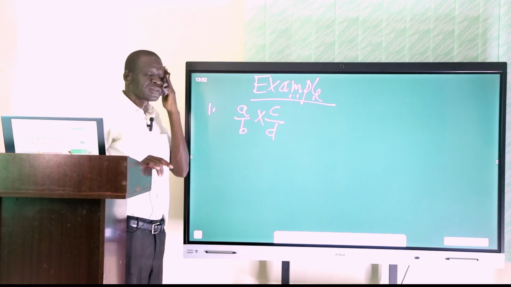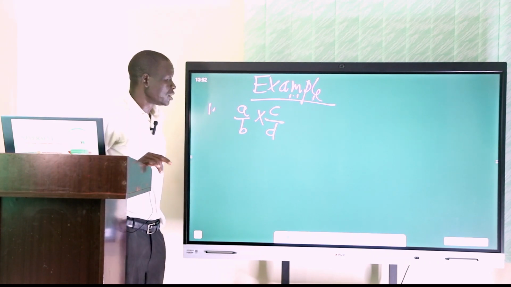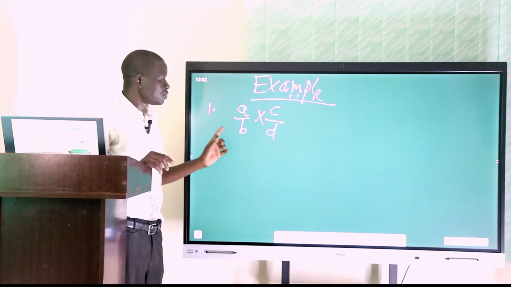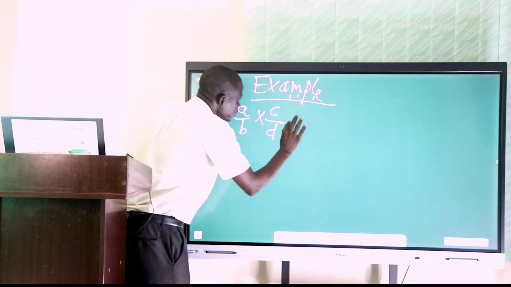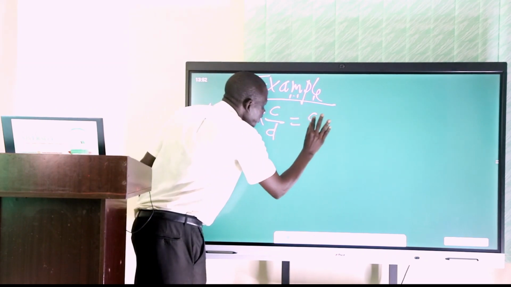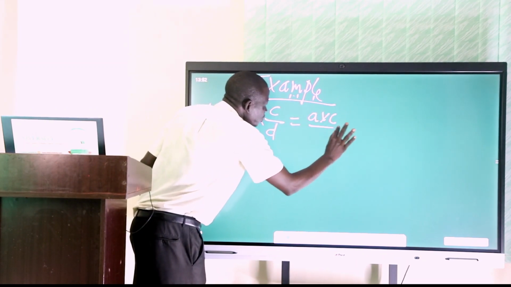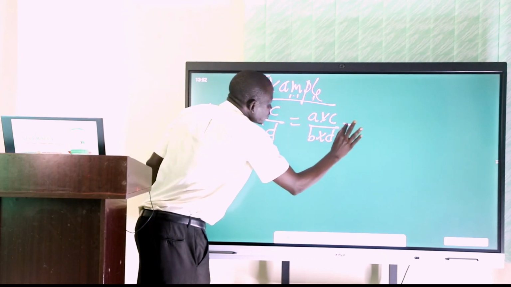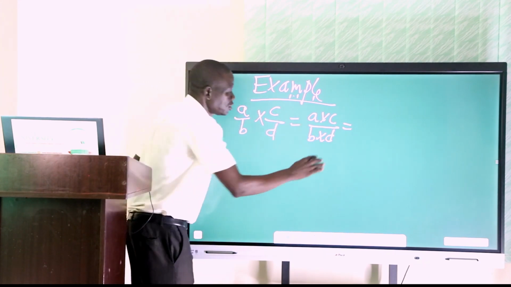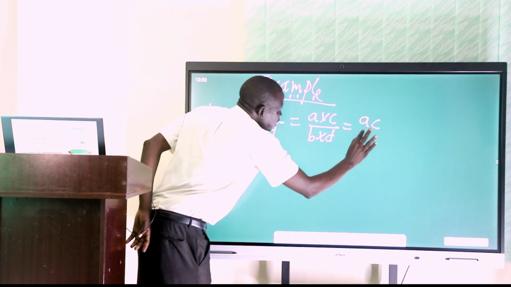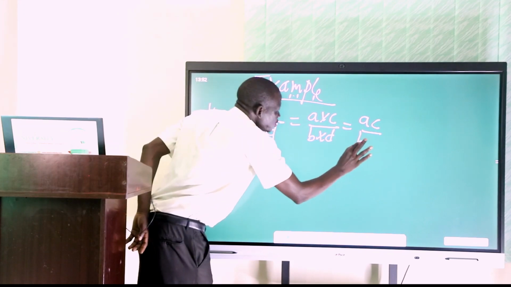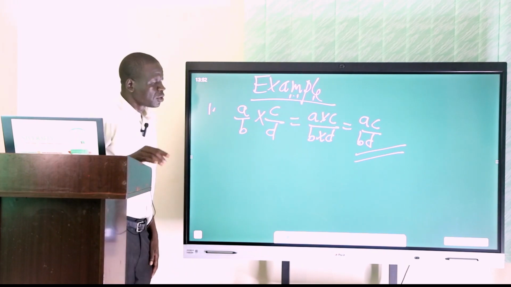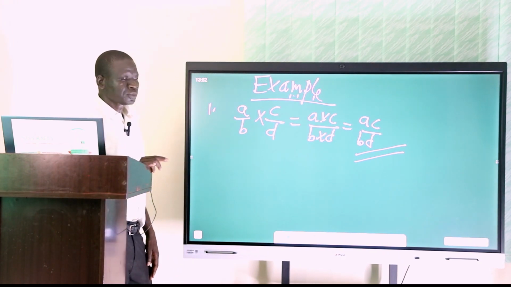So we simply multiply the numerators separately and then the denominators separately. This gives us A times C over B times D. So we get AC over BD.